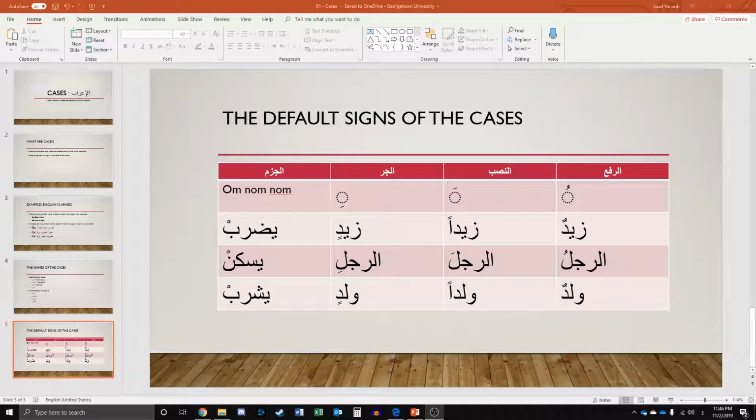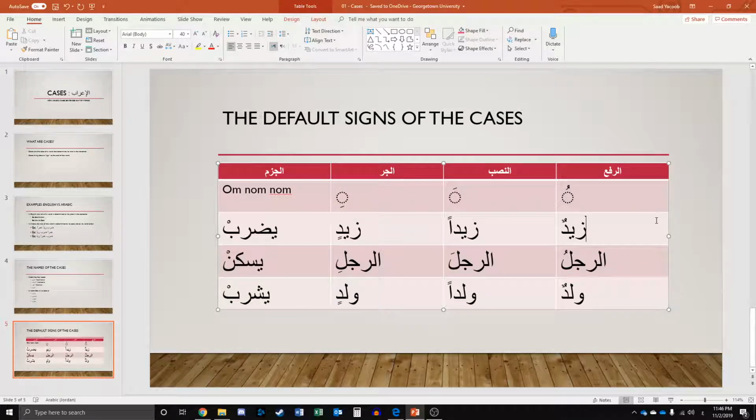What are the default signs of the cases? The default sign of the rafa' case is the dhamma.